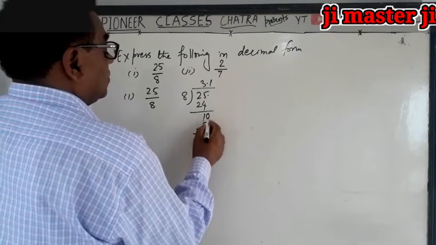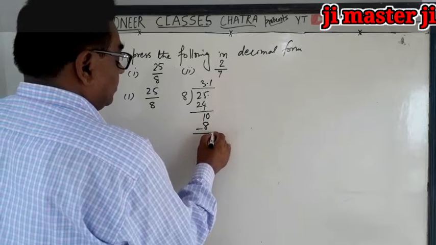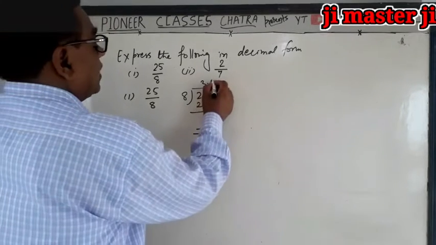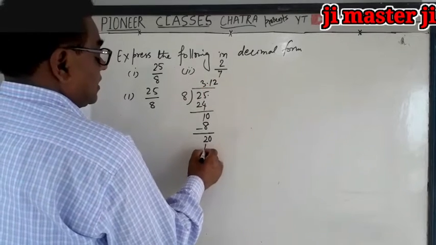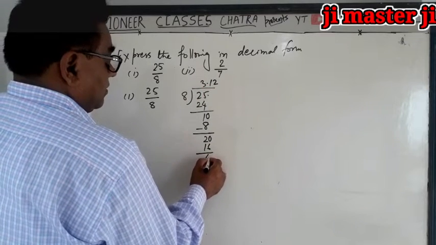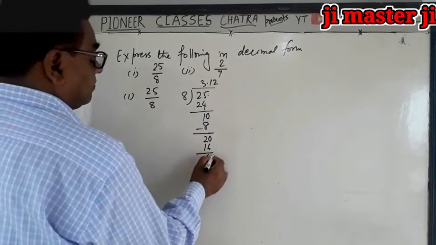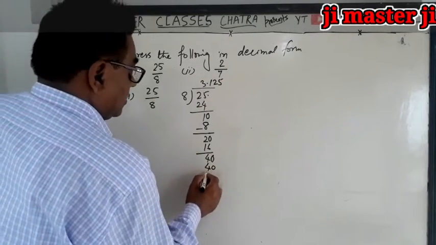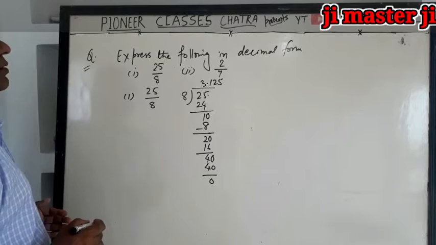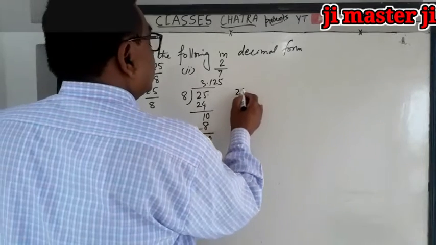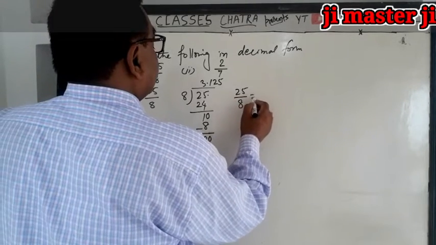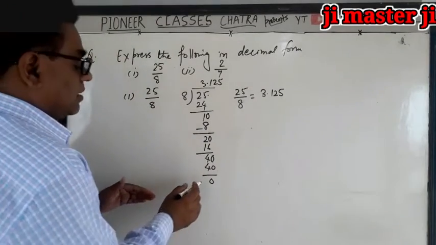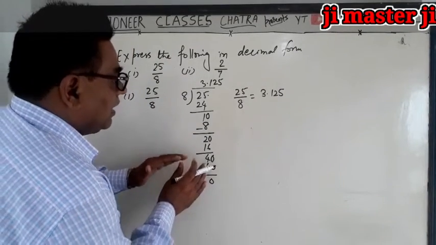Subtract, we get 2. We can put 0. So we get 20. So 8 2s are 16. And finally the remainder is 4 and we put 0. So 8 5s are 40. So the remainder is 0. So the decimal representation of 25 by 8 is equal to 3.125. And our division process ends here.